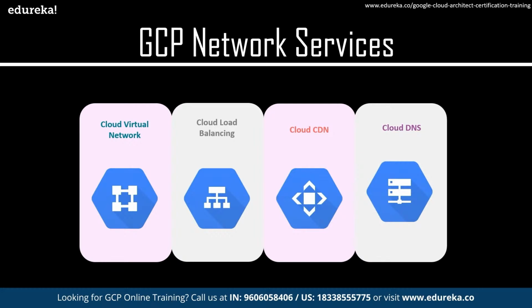So first you have your virtual private cloud. Whatever I've just discussed, right? You can create a virtual private cloud or cloud virtual network, where you can put forth a certain set of resources in that particular network. Say, for example, you have 100 devices that you can assign in that network. You can create subnets, create sections, and decide how many IP addresses you want to assign to a particular network or subnetwork.